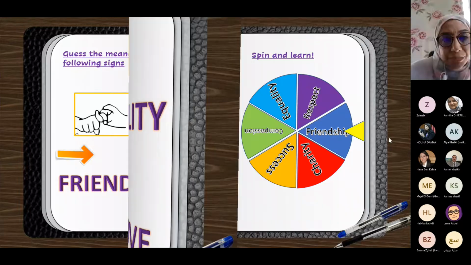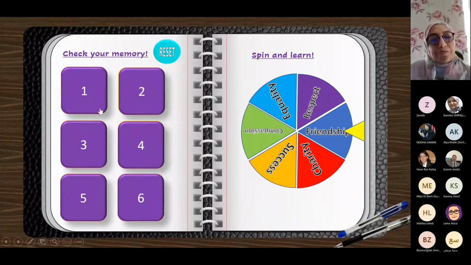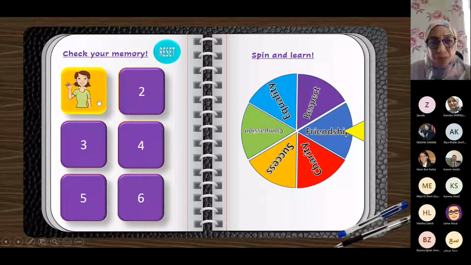The next activity is a memory game. So here, hopefully you remember the signs that we've just seen together. As you can see, we have the sign and the words.